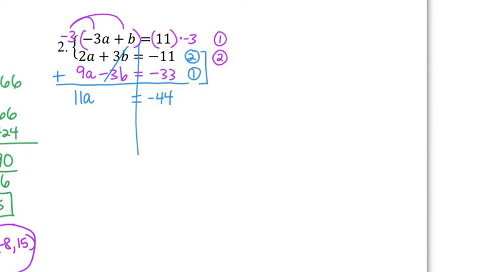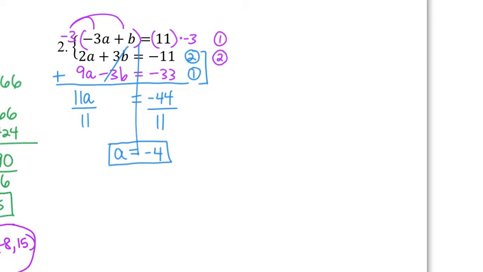Okay, now we have an easy equation to solve. 11a equals negative 44, so divide each side by 11. We get a is equal to, plug it in on the calculator if you don't know, negative 4. Now pick one of the original equations, not your adjusted equation, and solve for b. I'm going to do the top equation because I can get b by itself really easily.